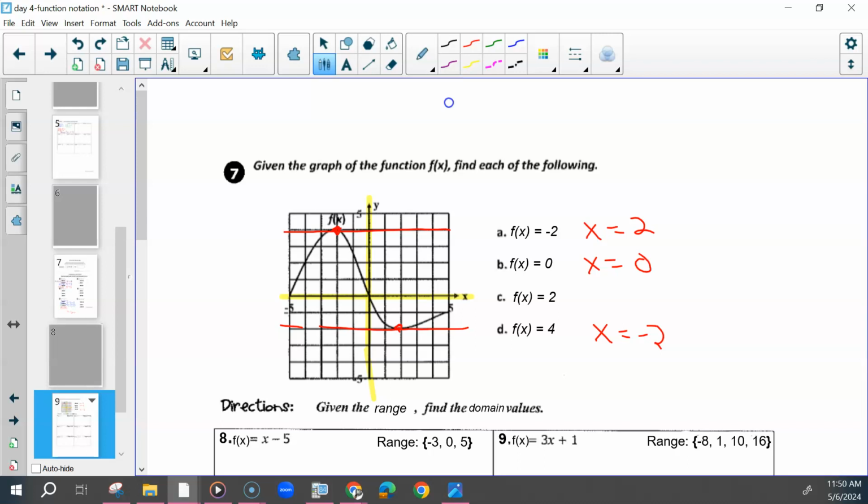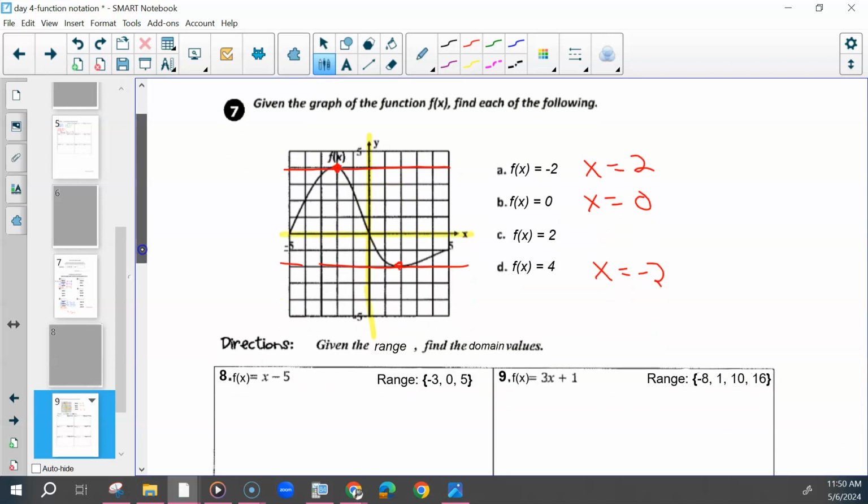Do we want C? Yes. So when y is 2, what are your x values? 0.5.